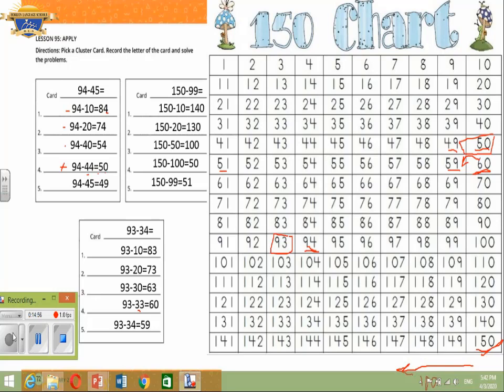So today we used the cluster problems to solve subtraction problems, and we said cluster problems are a set of problems that are related to each other, and each problem gives me a key to solve the other problem. How can we make a cluster problem? We will subtract a set of tens till we reach the number or the closest number to the number we want to subtract.